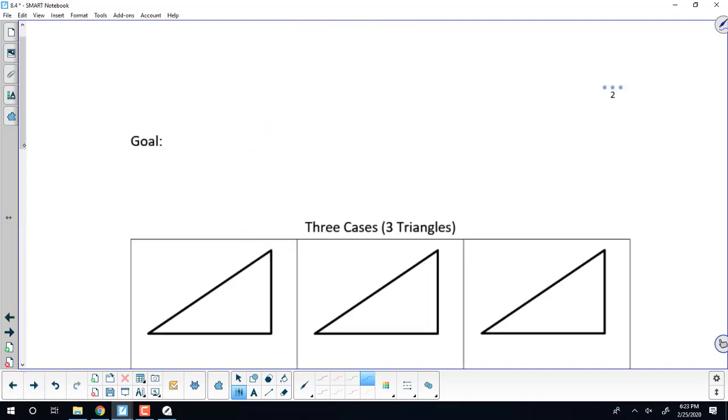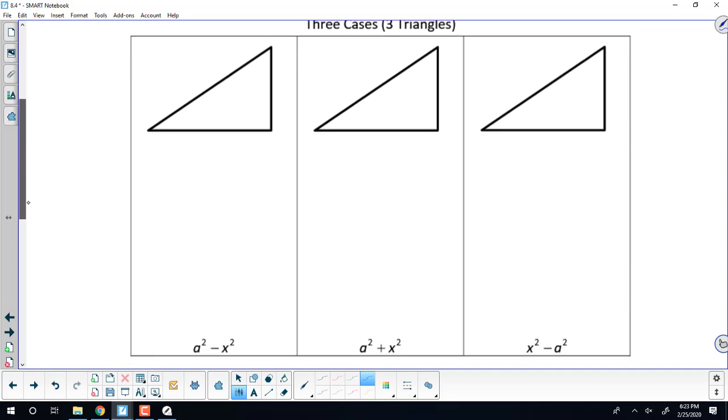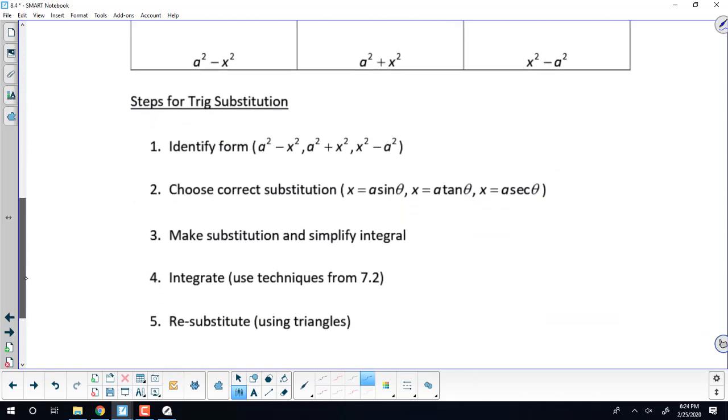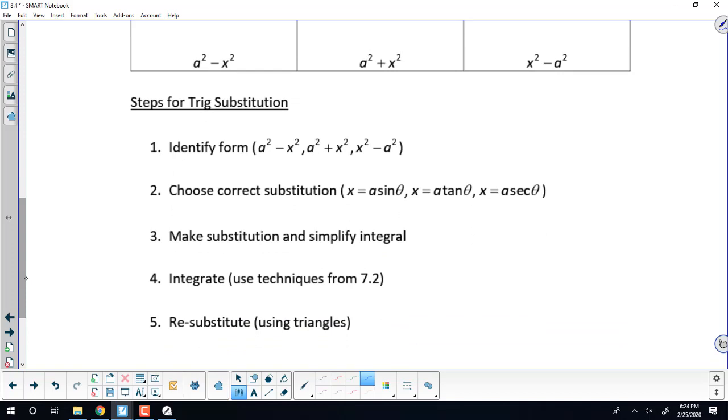So our three cases, the three instances that we see with trig substitution primarily here: a squared minus x squared, a squared plus x squared, and x squared minus a squared. Like I said, how we're going to look at it is different from how the textbook looks at it. Down here, the steps are just from your textbook.